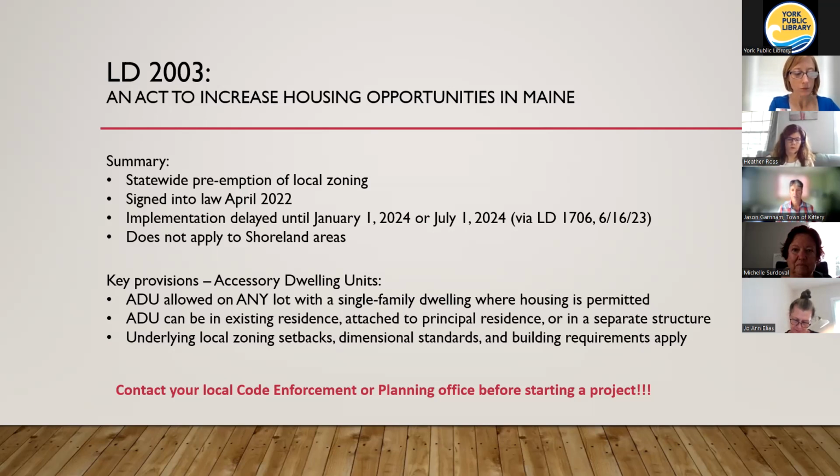What LD 2003 does is make it so that ADUs are to be allowed on basically any single family zoned lot, any property that's zoned for residential development and has or will have a legal single family dwelling will be allowed to have an ADU. Your local municipality, after those dates, cannot prohibit them in those areas.